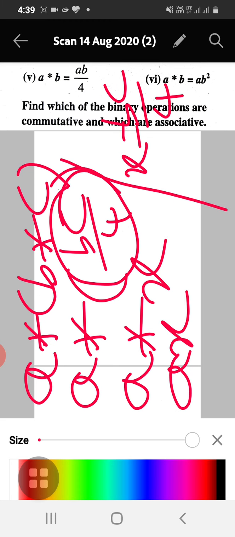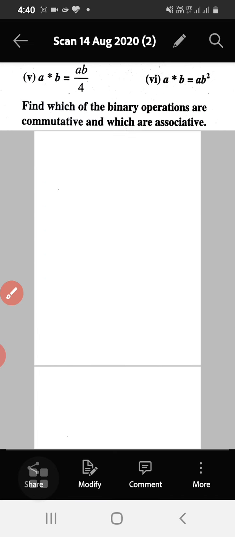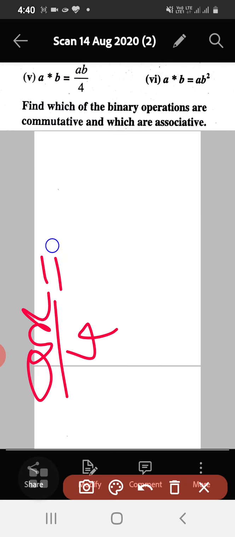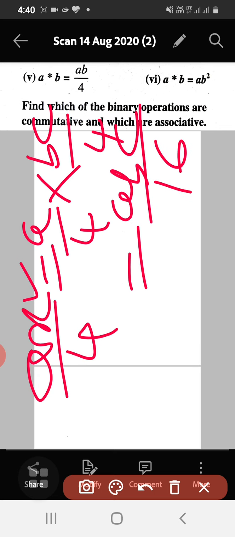Now a star x is ax divided by 4, applying the definition. In the next step, I replace this x. So consider this ax divided by 4, a by 4, and what was x here? bc by 4. So I get abc divided by 16. This is one side.